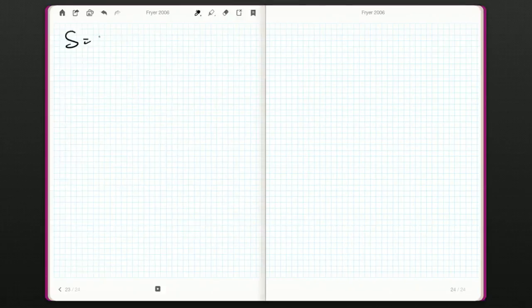So S is 5050 minus 7 minus 17 minus 27 minus 37 minus 47 minus 57 minus 67 minus 87 minus 97.